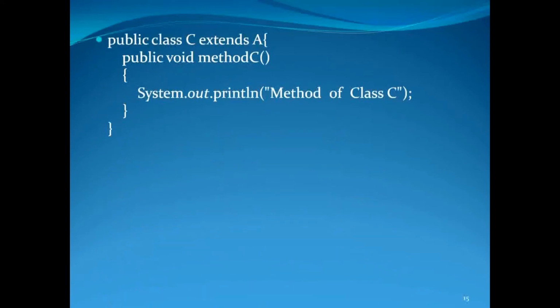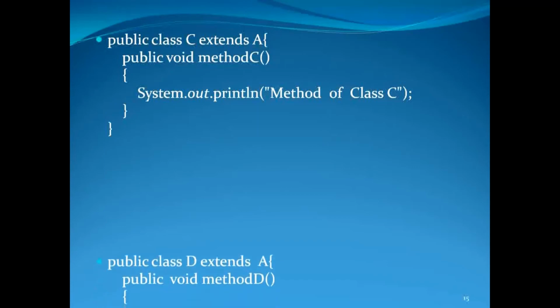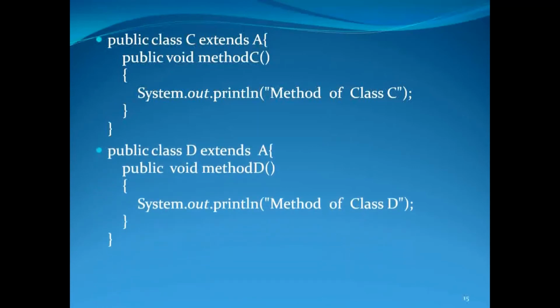Similarly, class C is also a derived class. It gets the method of class A, that is the base class. So it has two methods, that is the method of class A as well as its own method, that is method C. Similarly, class D is also a derived class.